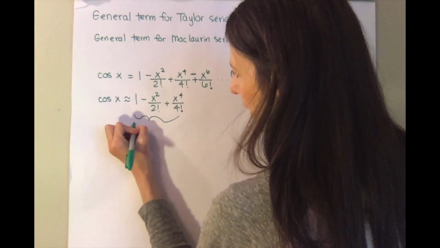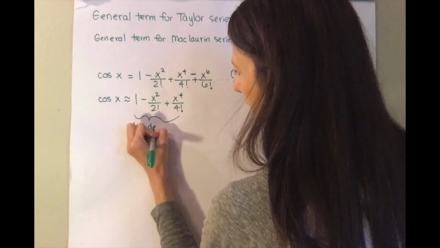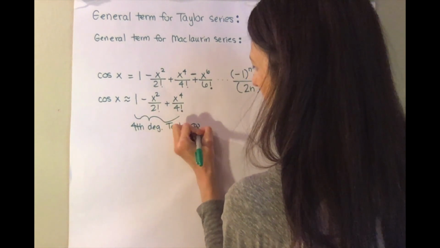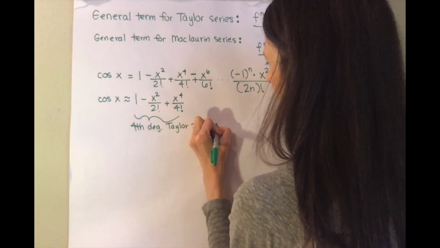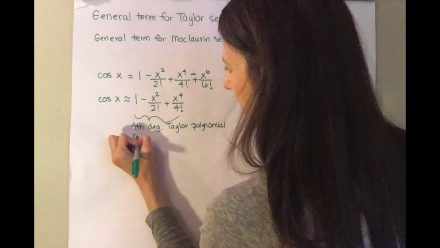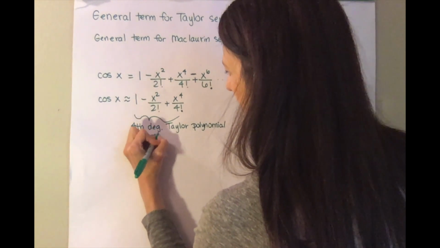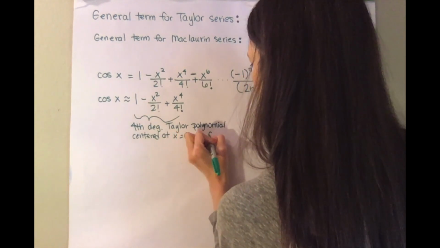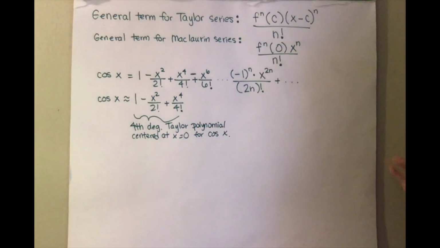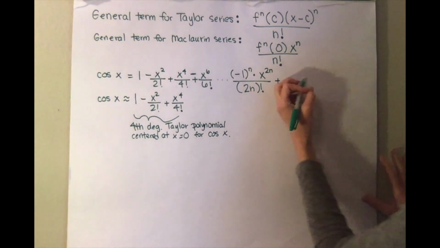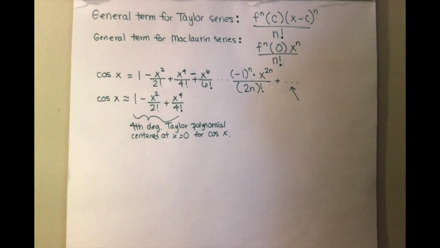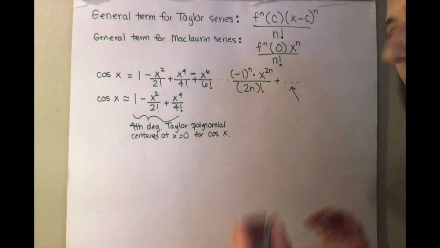So we would call this the 4th degree Taylor polynomial centered at 0 for cosine x. So it's a polynomial because it's a finite number of terms. This is our Maclaurin series or Taylor series centered at 0 for cosine x.